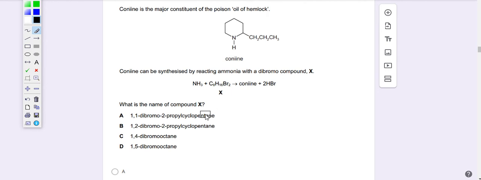So it is not possible for A to form this product, because inside here there is no cyclopentane. So let's rule out A, it is not the answer. Now let's look at B. It also contains a cyclopentane. B is also not the answer. So we can only now look at C and D. Now let's draw the structure for C.